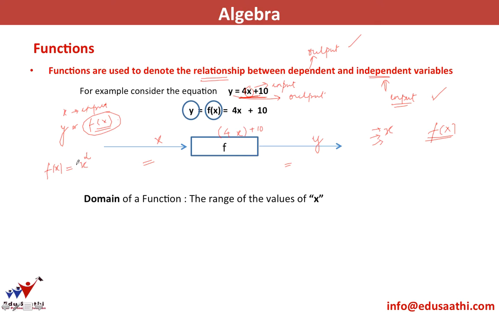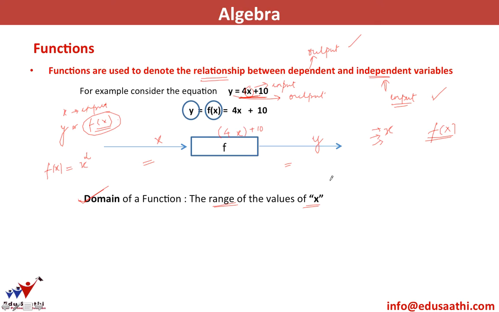The next concept that we'll discuss is the domain of a function. The domain of a function is a set of all permissible inputs, that is, all the possible values of your input variable or your independent variable x. Whatever are the possible values of x, they will be termed as the domain of a function.